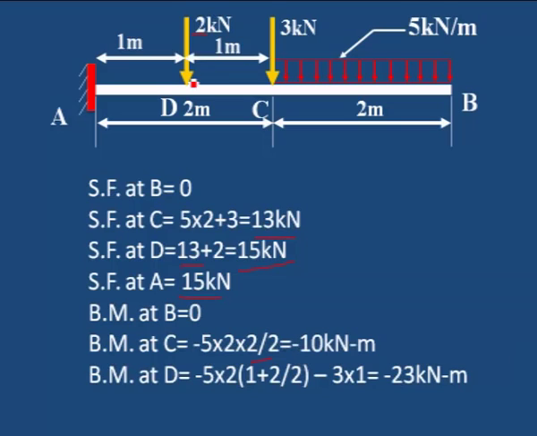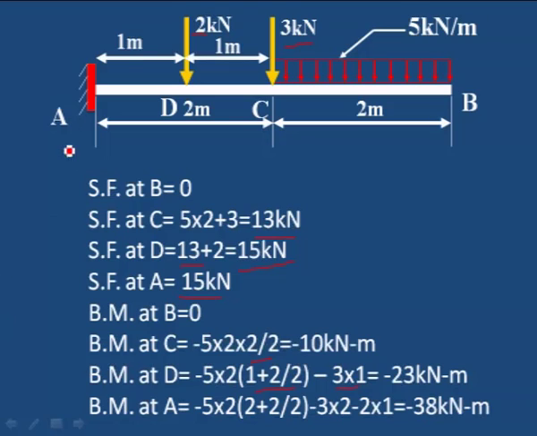Then bending moment at D, 5 into 2 is the load plus 2, from here to here 1 meter is there, plus for that 1 we have to add half of this distance because it is acting at this center, minus this moment 3 into distance, 1 meter, 3 into 1. Similarly, we can calculate bending moment at A, force into distance, this 3 kilonewton into distance, 2 kilonewton into distance, and we will get 38 kilonewton meter.